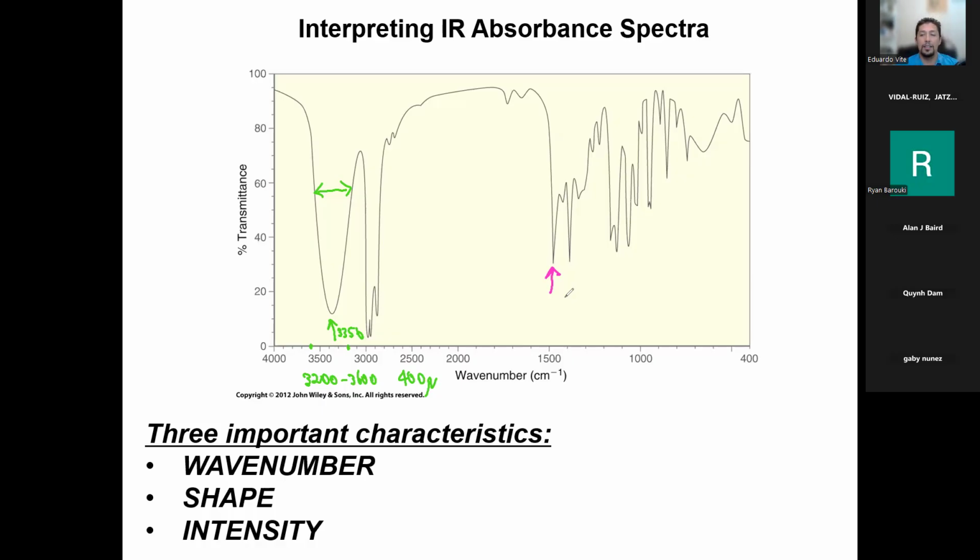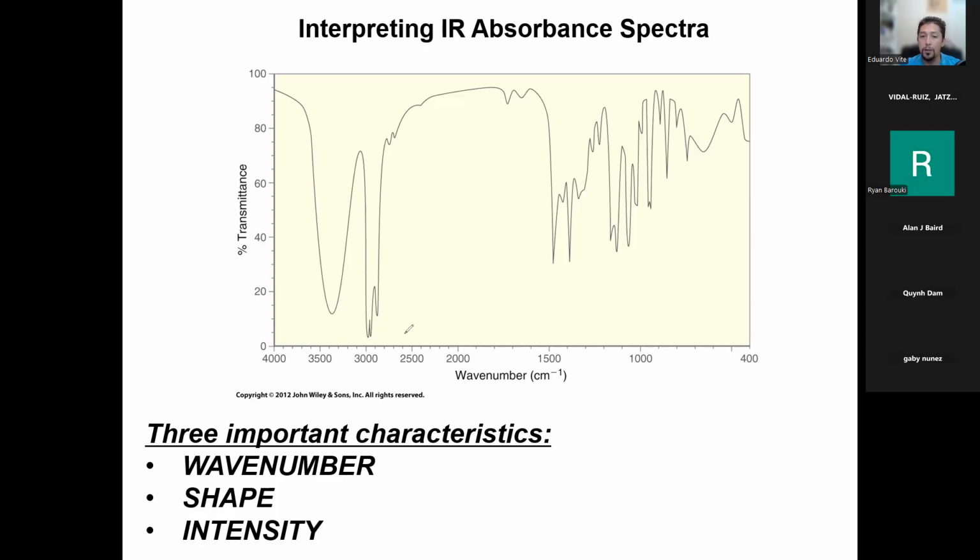So when you're given charts and questions, you'll read stuff like this: the sharp medium peak at 1500, which one is that? And you should know that I'm talking about the one in pink. The last thing we look at is the intensity, which is just your y-axis. You see how it goes from 100 to zero?